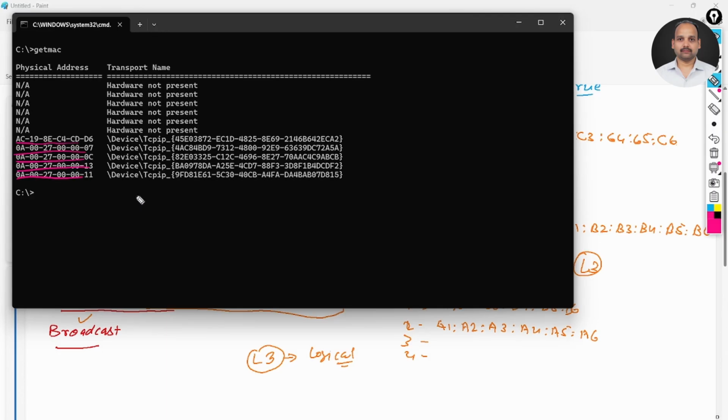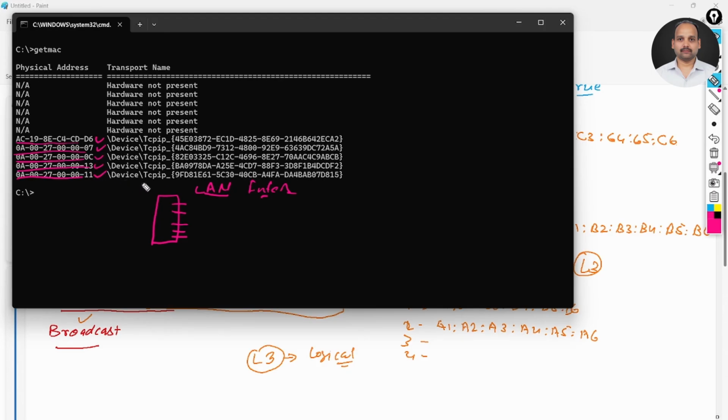That means in my system, 5 physical, or you can say LAN ports, or network interfaces, are connected, which is showing 5 MAC addresses. Maybe it can be a logical or a physical interface.